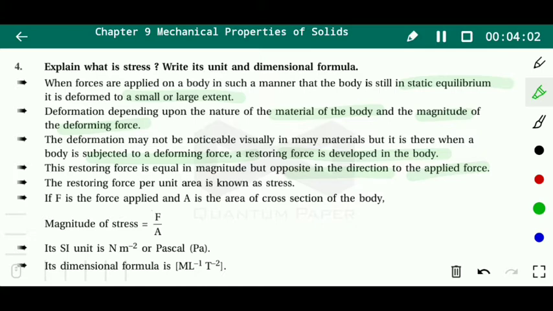The restoring force per unit area is known as the stress. So we can define stress from this definition: the restoring force per unit area is called the stress.